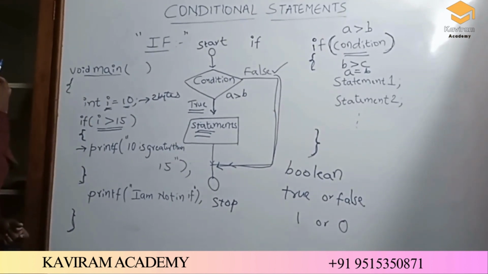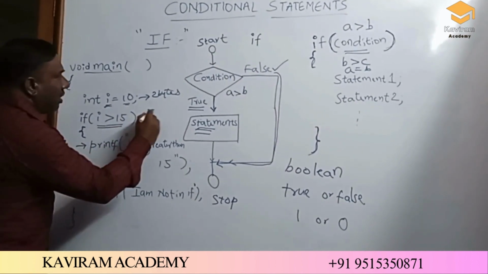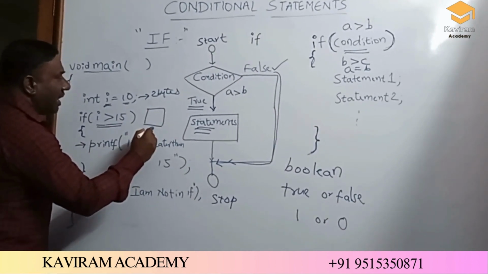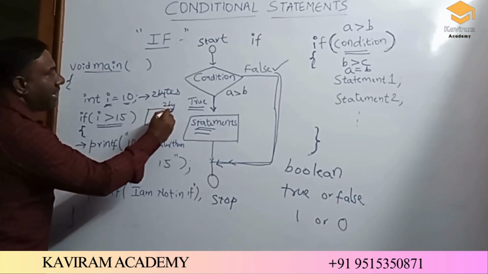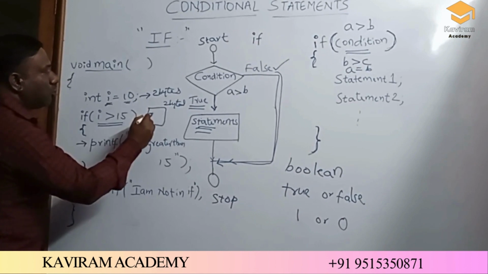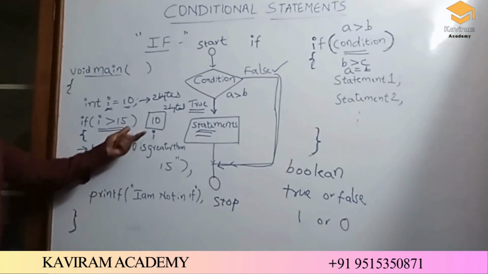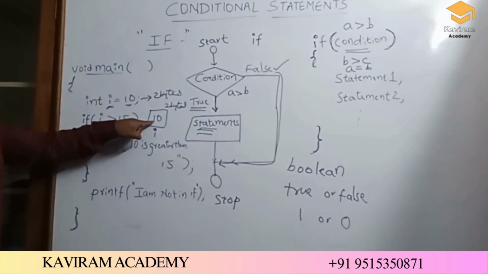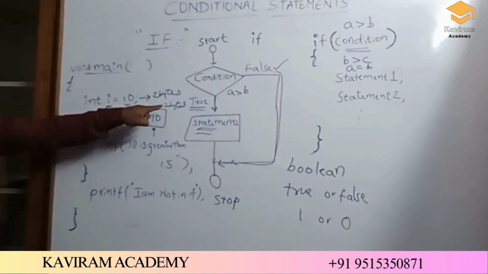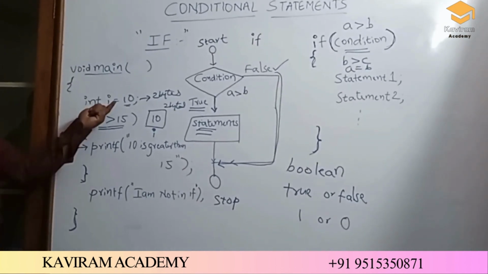So whenever the C processor sees this statement, a variable of name I and of integer type, it will allocate 2 bytes of memory, and the value 10 is placed in the main memory. I is a variable having a value of 10, and 2 bytes of memory will be allocated to this variable I.